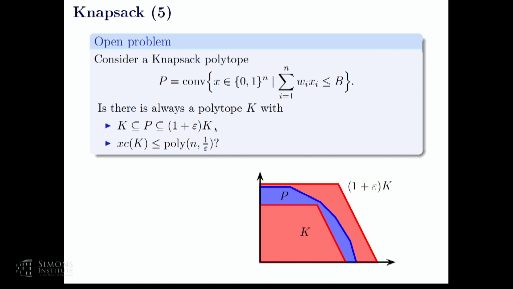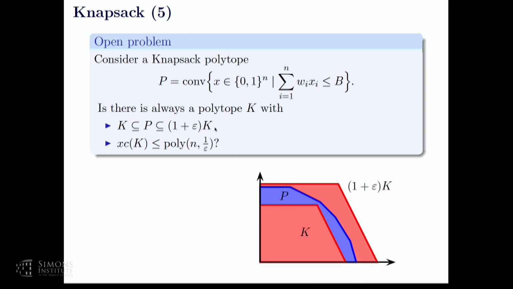Why would that be nice? It would be nice because if someone comes down the road and gives you some profits for the items, you could just optimize that linear function over K, over your small linear program K, and you would get a solution that's a 1 plus epsilon approximation to the actual knapsack problem. And we know that there is actually an algorithm for that.